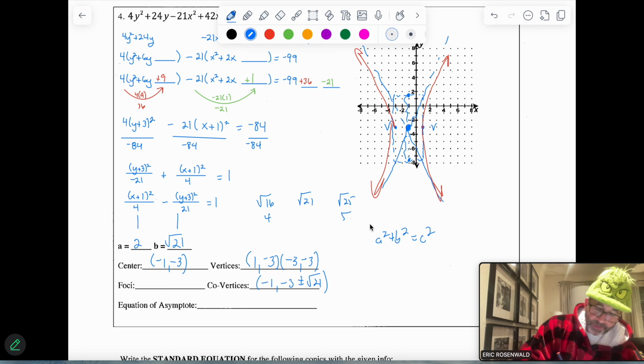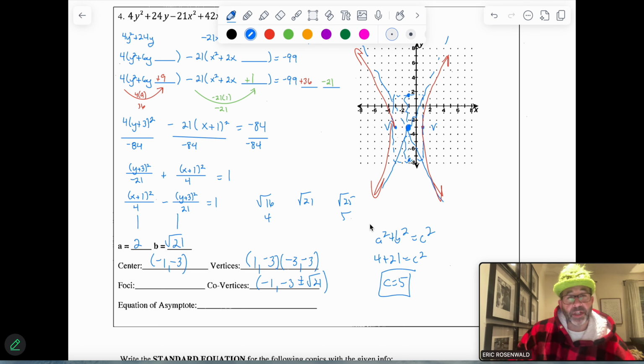So we're going to have 4 plus 21 is equal to c squared, which means that c is going to equal 5. So from my center, we're going to go to the right 5 and left 5, because we need them to be inside of my curves here. So we'll be at -1 plus or minus 5, comma, -3, which tells us we're going to be at -6, -3 and 4, -3.